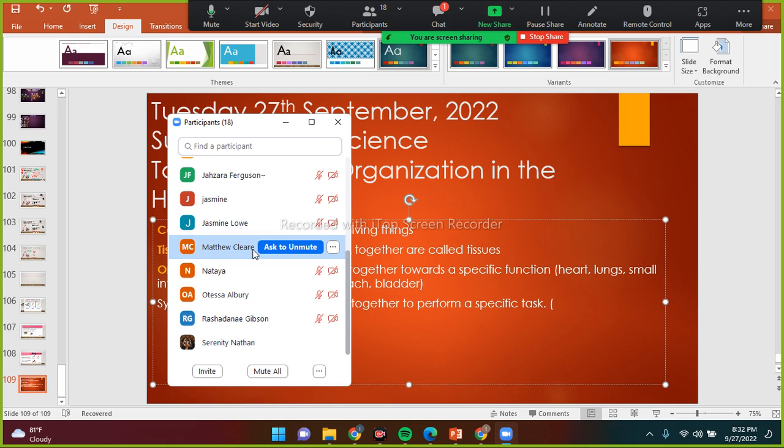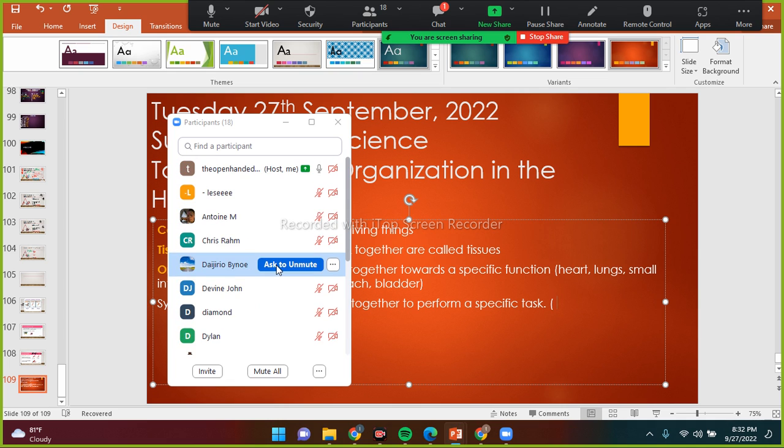Chris Ramin, give me an example of a system in the human body. Chris Ramin, are you there? Chris Ramin? Yes, sir. Yes, sir. Give me an example of a. Why are you taking so long to answer?